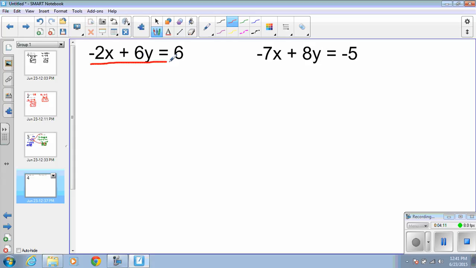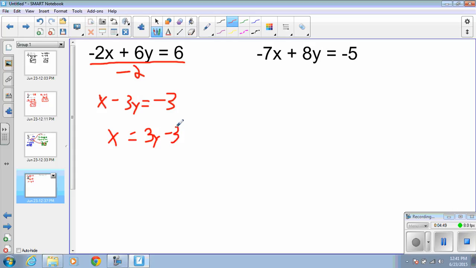If I divide everything by negative 2, I'm left with x minus 3y equals negative 3. And then I'd add 3y to both sides to isolate my x variable. And I get 3y minus 3.